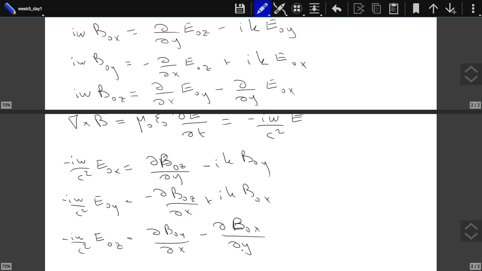And let's see, it is this equation and the second equation over there. Look at this equation, it has E0y and B0x. Look at the first line, it contains E0y and B0x. So using those two equations, I can also solve for E0y and B0x in terms of the derivatives of E0z and B0z again.